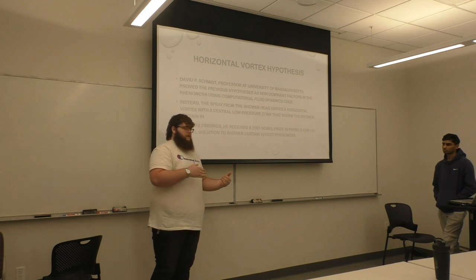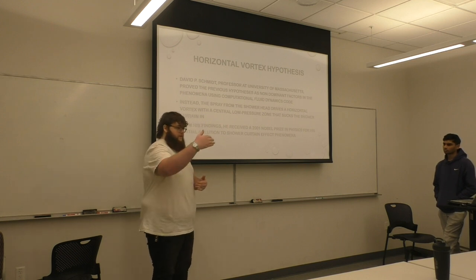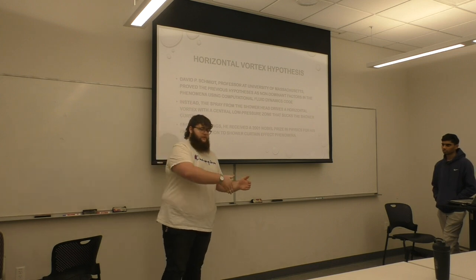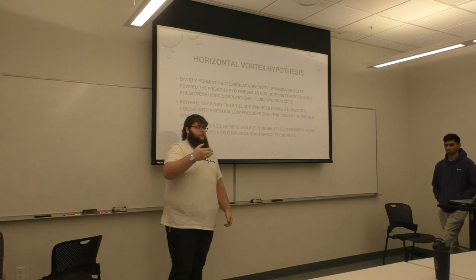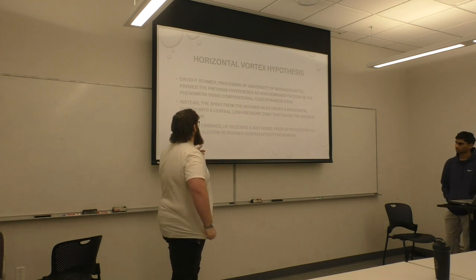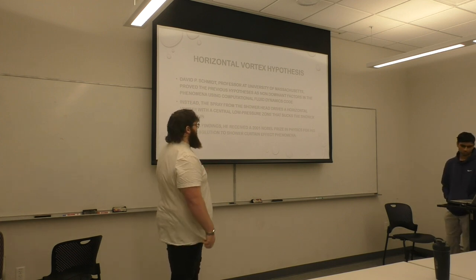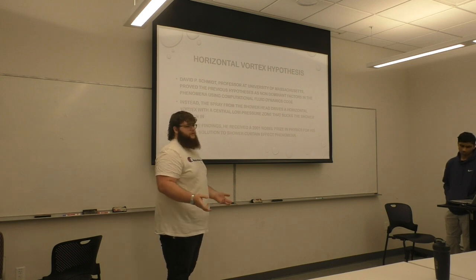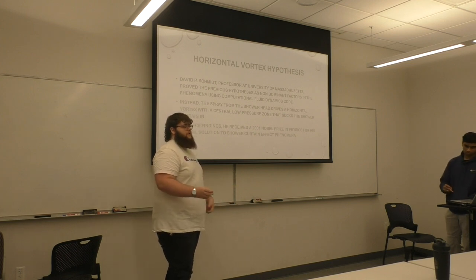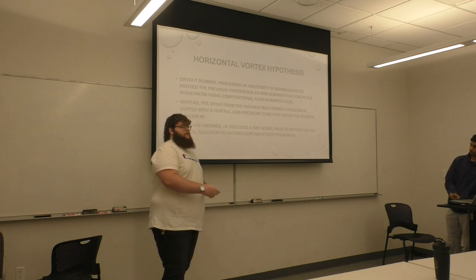If this is the shower head, it's pushing water down, and it's going to create a vortex like this, and in the middle there's going to be a low pressure zone, and it's going to pull that shower curtain in. He actually received a Nobel Prize for this because he had a partial solution to this phenomenon. It wasn't a definite solution.